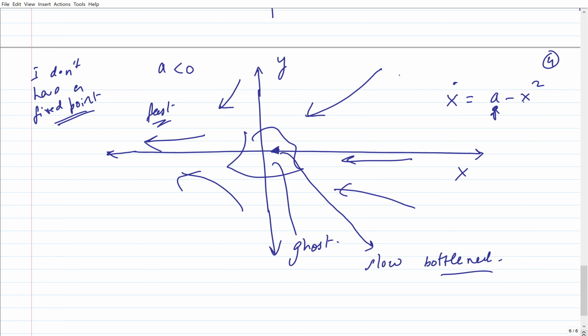As a becomes less than 0, what really happens is, I'm trying to figure out how we can see that the trajectories would really slow down as one is reaching 0.